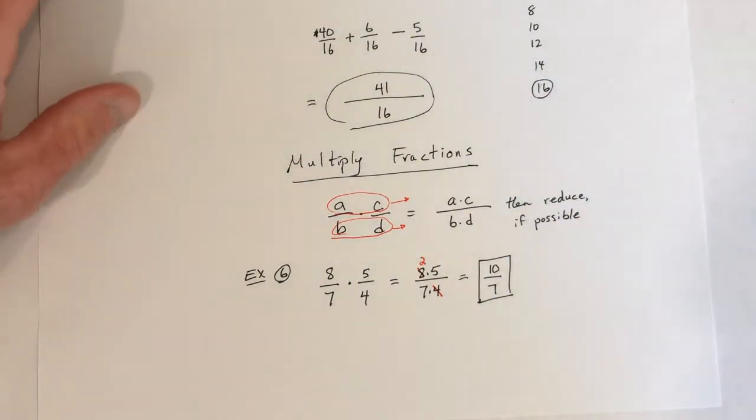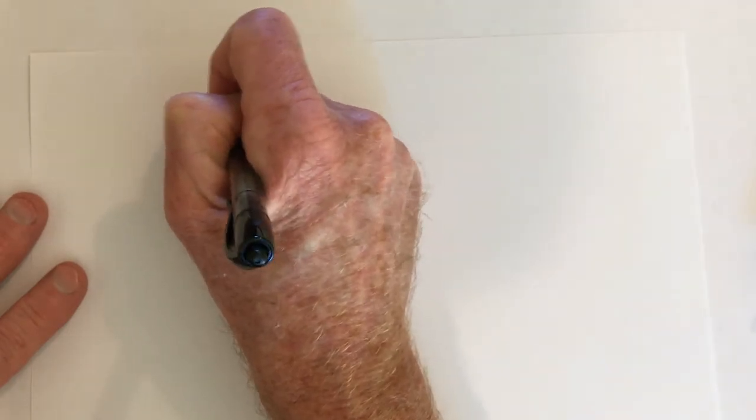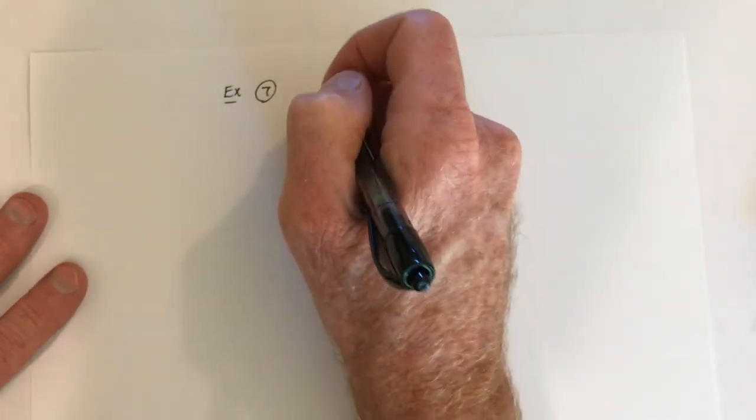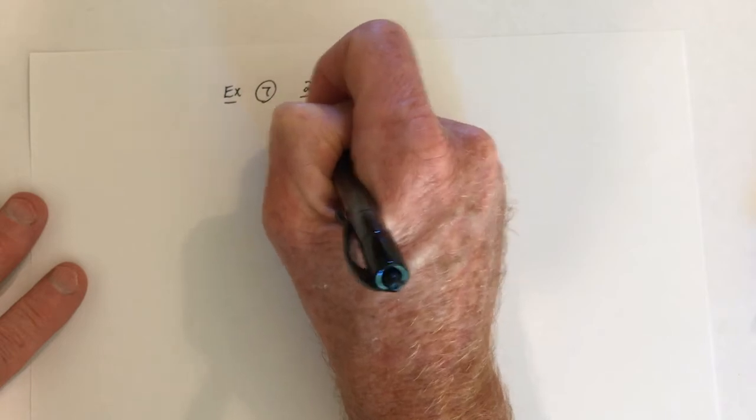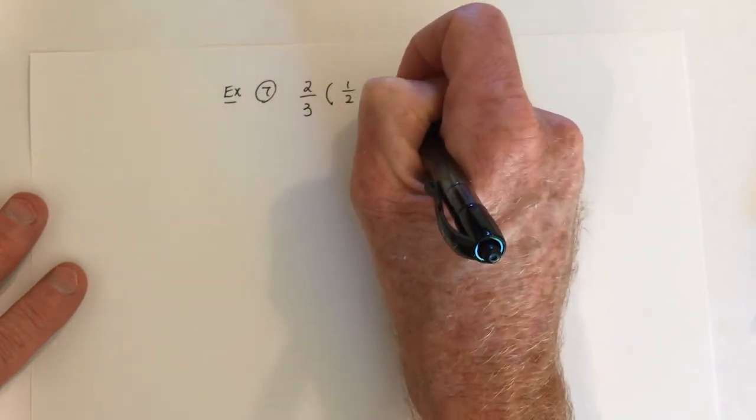Then for example number 7. How much is 2/3 being multiplied with 1/2 plus 6/5?